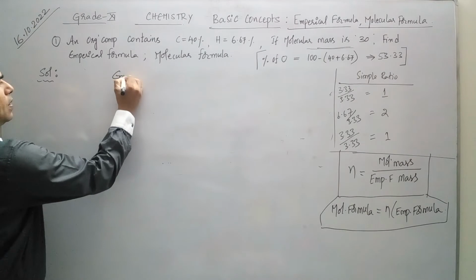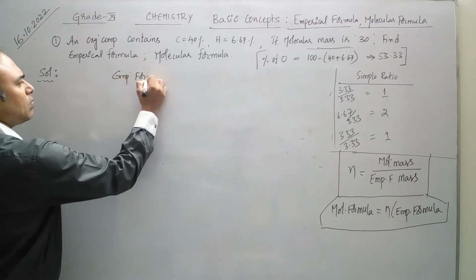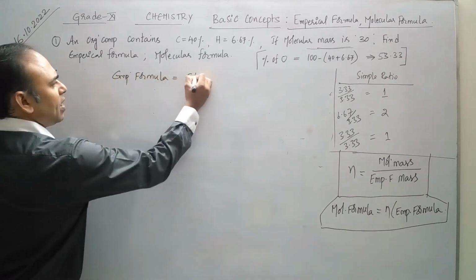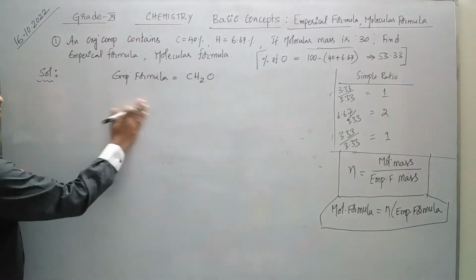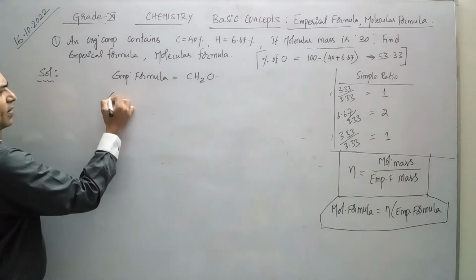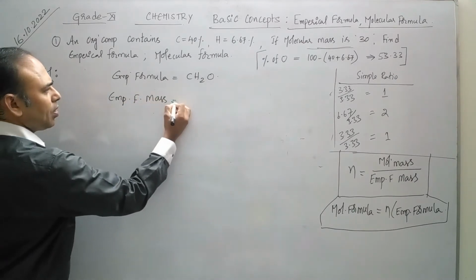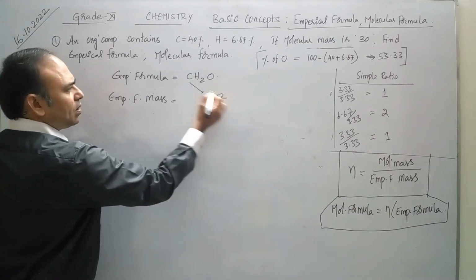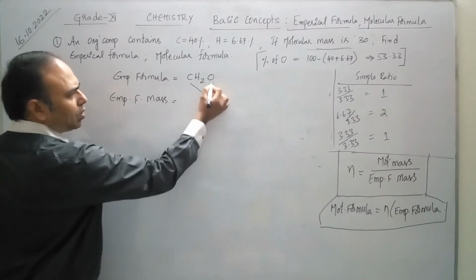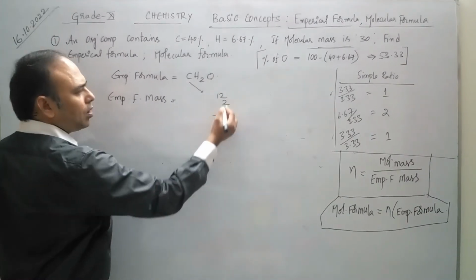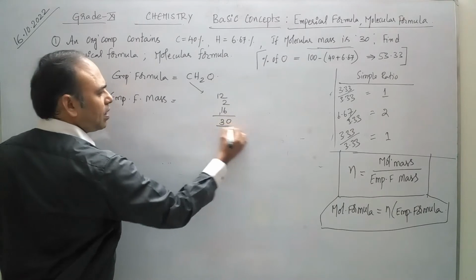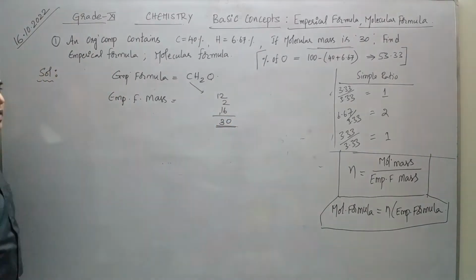So empirical formula we have obtained as CH2O. Now, what is the empirical formula mass? So carbon is 12, then H2 is 2 and oxygen is 16. So we have the empirical formula mass as 30.